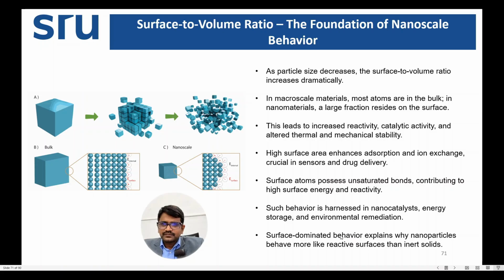Because of the larger number of atoms on the surface and the high surface energy, these nanomaterials are more reactive than micro size or macro size particles.